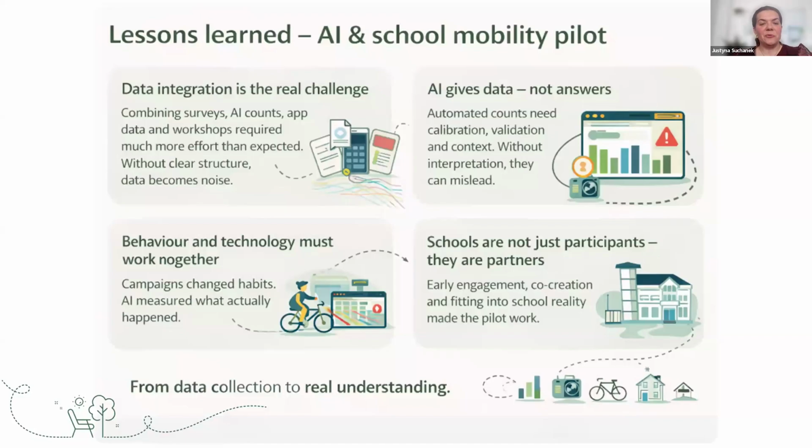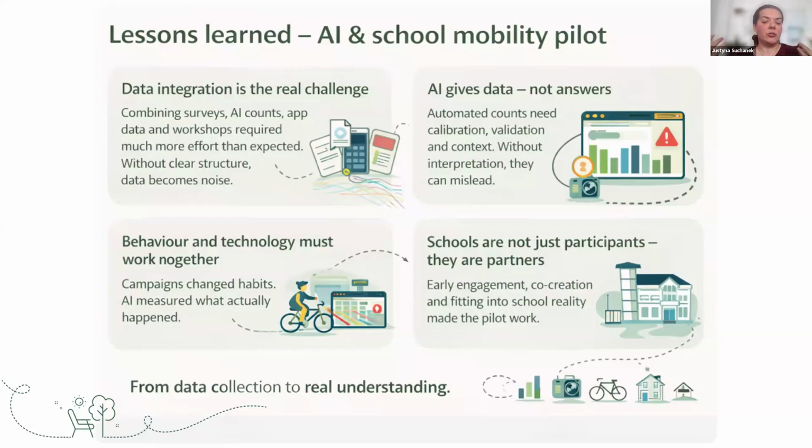From this work, a few things became very clear for us after the pilot experience. First, the biggest challenge is not only collecting the data, it's combining it, because when you bring together surveys, AI counts, campaign data, and conversations with students, teachers, and family, it requires more work than expected.